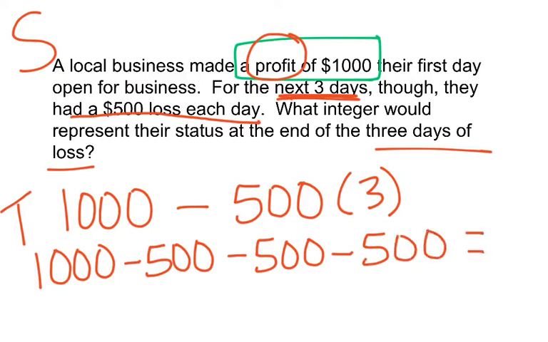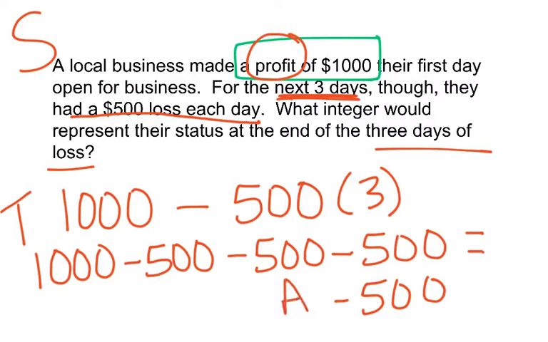So although this business started out doing well, they now are at negative 500, or they are in the hole after the next 3 days happen. So the fourth day in, this is the first day, then three days after that, they lost. So they're in the negative.